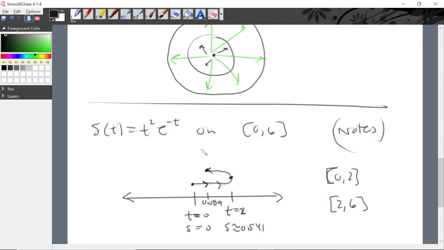So this is at t equals 6, where s is approximately 0.089. So the particle moved back to the left. We had that the velocity was positive for the first 2 seconds, and the velocity was negative for the next 4 seconds. There was less distance traveled over the last 4 seconds versus the distance traveled over the first 2 seconds, so the object slowed down as well.